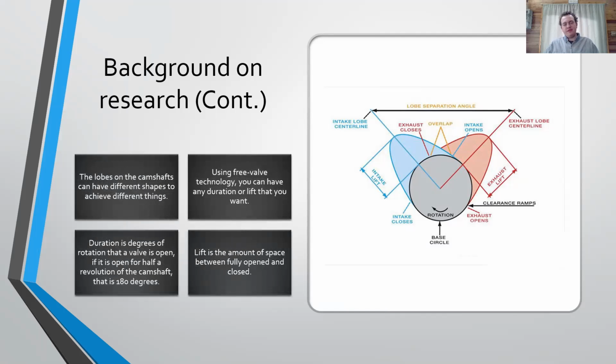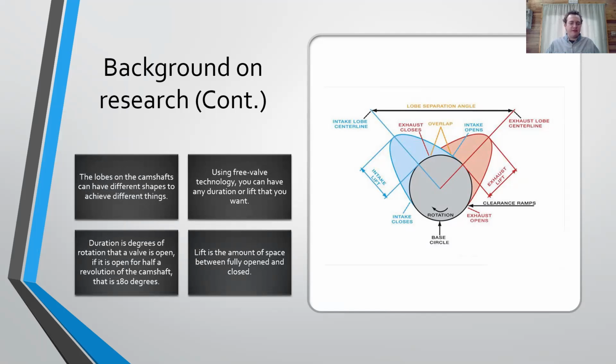Now, different camshafts can have different duration and different lift, and that is determined wholly by the shape of the lobes on the camshaft. You can either have a more pointed profile as seen here in the picture on the right, or you can have what's known as a roller camshaft, which has more of a rounded profile, which allows for more duration and more lift, which means that you get more air and fuel into your engine, which can increase the power.